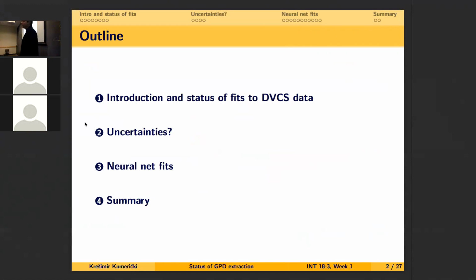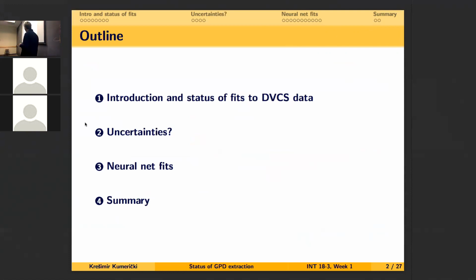I will show you the present status of the fits to the DVCS data and some new developments there. But most of the time, I intend to focus on what we can learn from the fits. The final goal is obviously to learn how the hadron is structured and what we can know about GPDs and Compton form factors.